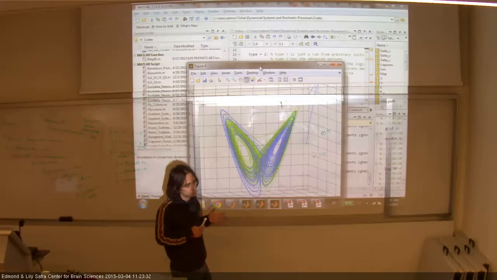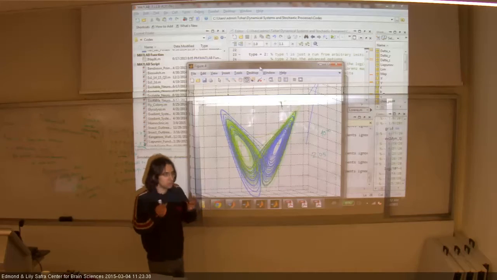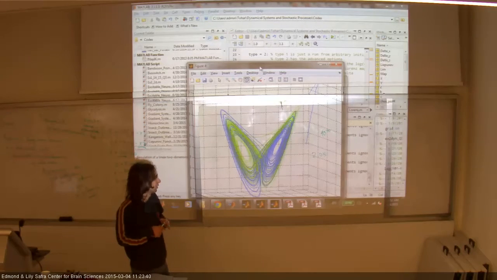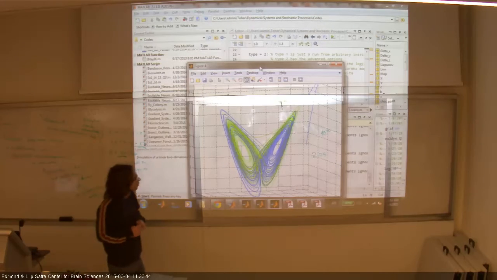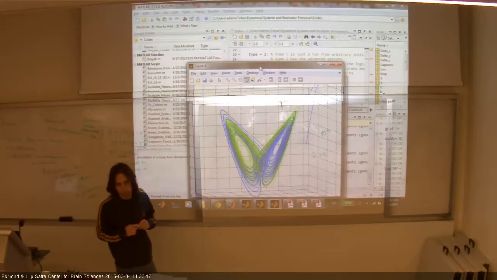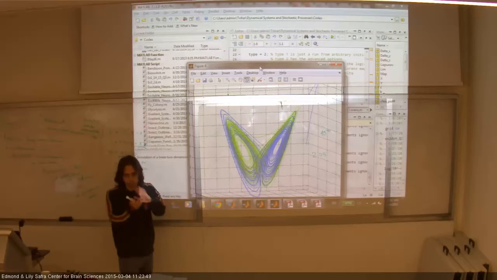But within the strange attractor, I don't know what it does. So at least we have the strange attractor, right? Two strange attractors in the system? No, this is one strange attractor. It's considered one strange attractor. It's just kind of folded.